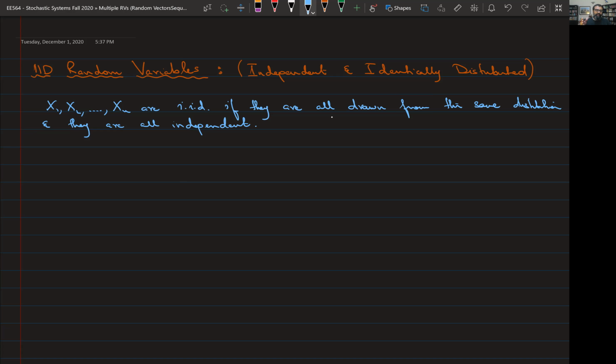If you're talking about death rates, the death occurring or not occurring in a patient is actually a Bernoulli random variable, and we can sort of claim that the Bernoulli random variable is independent across the patients, with a certain probability. We don't know what that probability is, and there are ways of estimating that probability, which all of our discussion will ultimately lead to. But they are identically distributed in the sense that they are all drawn from the same Bernoulli trials, whether a patient is going to die or not.